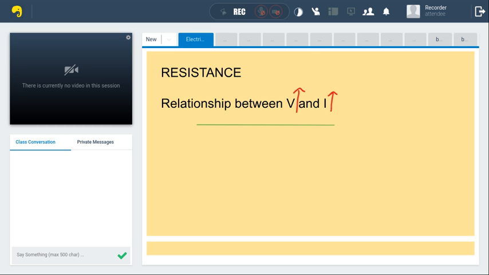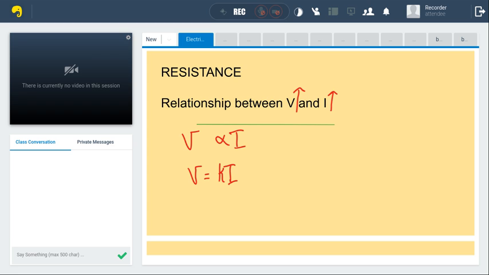In other words, we would expect V to be proportional to I. Or vice versa, we would expect I to be proportional to V. And so as such, we would expect V to be equal to some sort of constant times I.